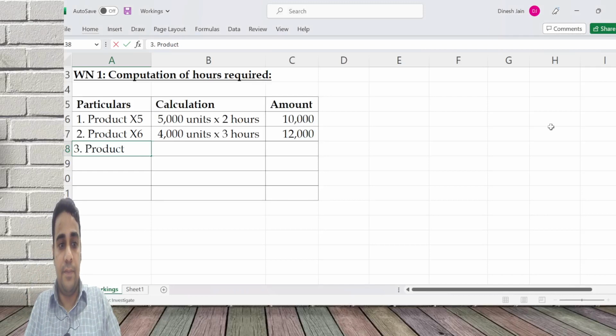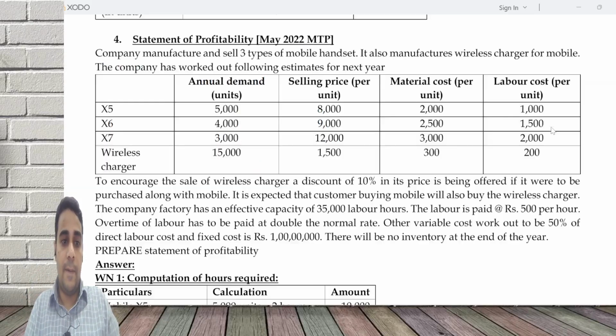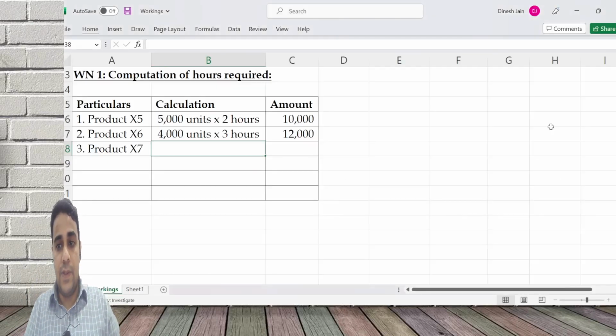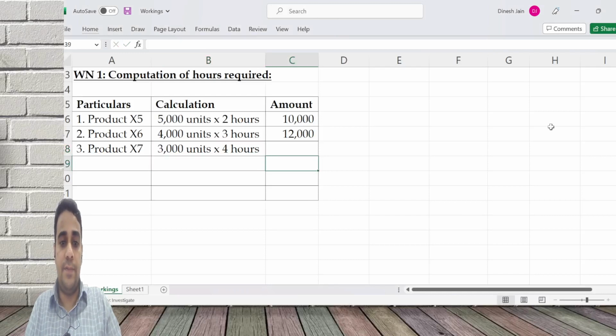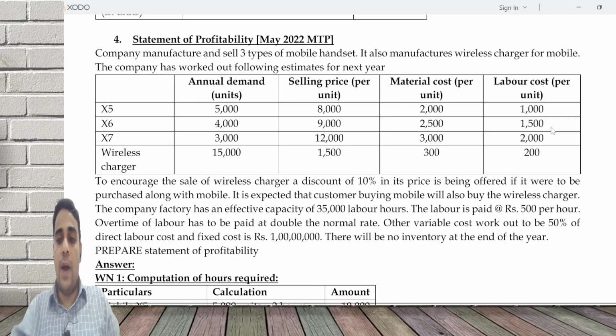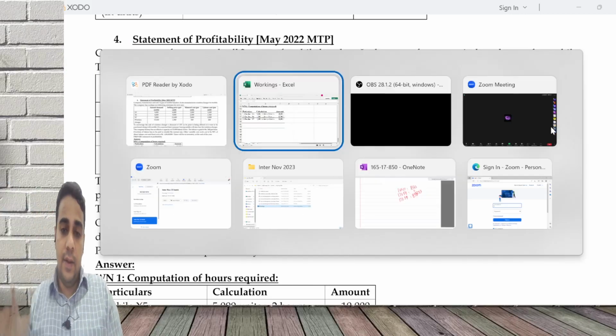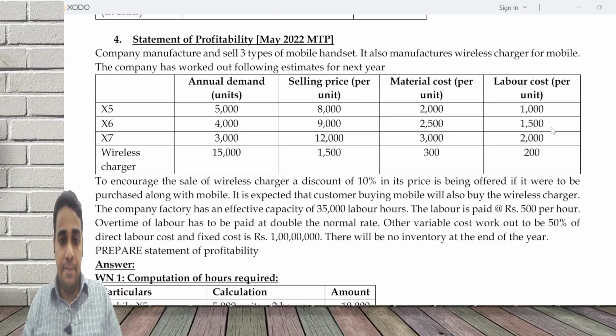Product 7, which is 3,000 units into 4 hours. Now 4 hours is 2,000 by 500.